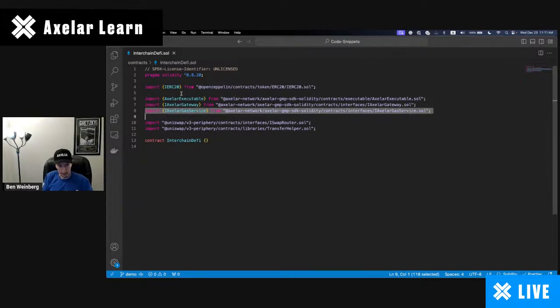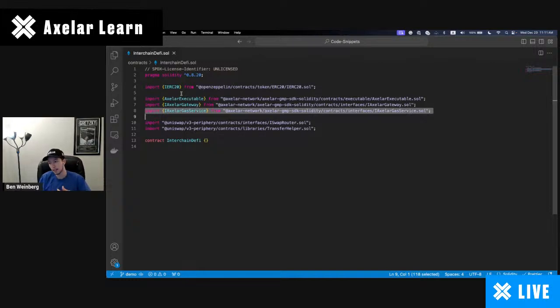And that's where the gas service comes in. It basically allows us to abstract away that difficulty of having to pay 3 different transaction costs. And it allows us to pay this entire interchain transaction in the token of the source chain. So if we're going from Polygon to Ethereum, we just need to hold Matic. And then we can pay the Axelar network as well as the Ethereum blockchain, I should say, for this transaction.